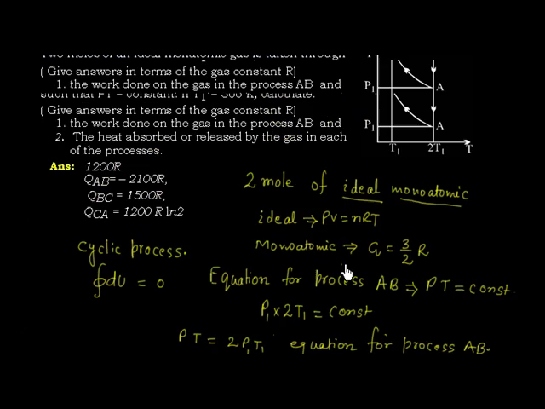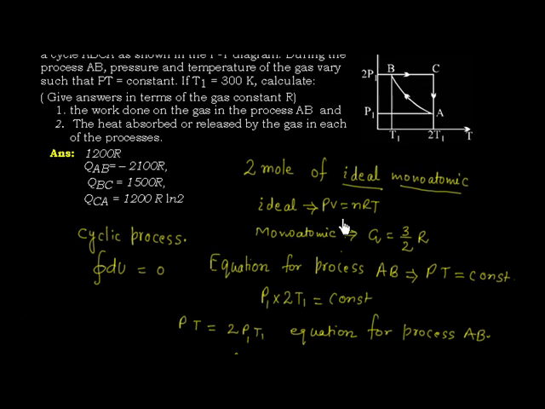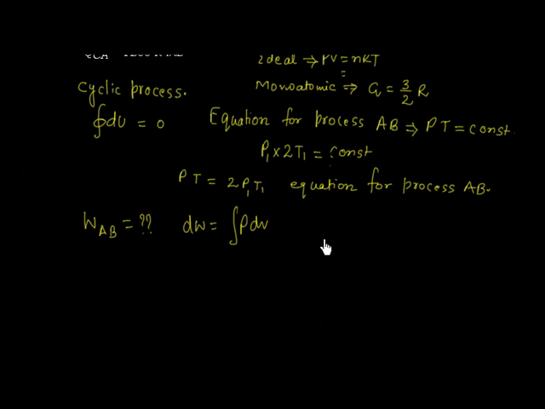In this process you have P and T. You know P1 T1, you know P2 T2, so you can calculate. Let us see how we can calculate P dV. You have one ideal gas equation, PV equals nRT. Now I need P dV, so I can eliminate P, or the other way around eliminate T, because the process is given.